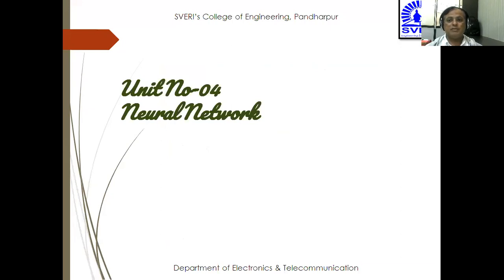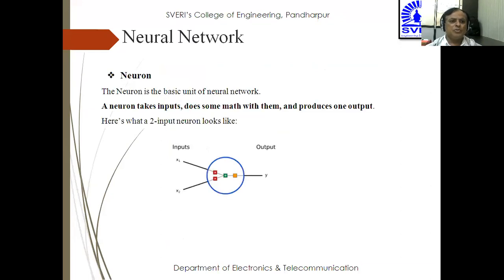Does it mimic the same kind of function which the brain does, or does it have some different workings? We will be seeing these things in neural networks. Let us first understand this neural, from where it has come. It has come from the neuron. The neuron is the basic unit of the neural network.